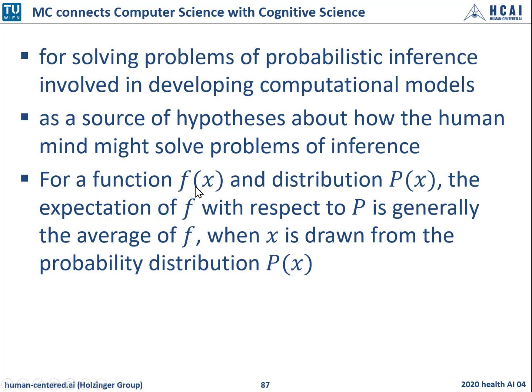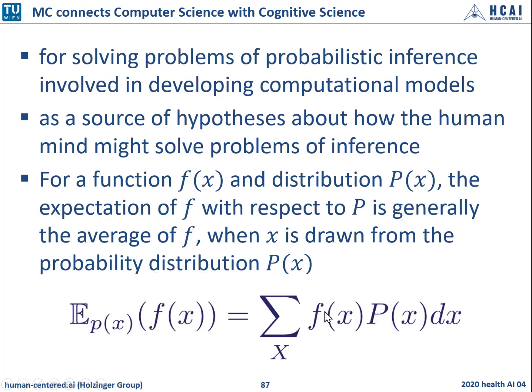For a function f of x and distribution p of x, the expectation of f with respect to p is generally the average of f when x is drawn from the probability distribution p of x. In the formula you see this is the expectation, and you have seen this already.